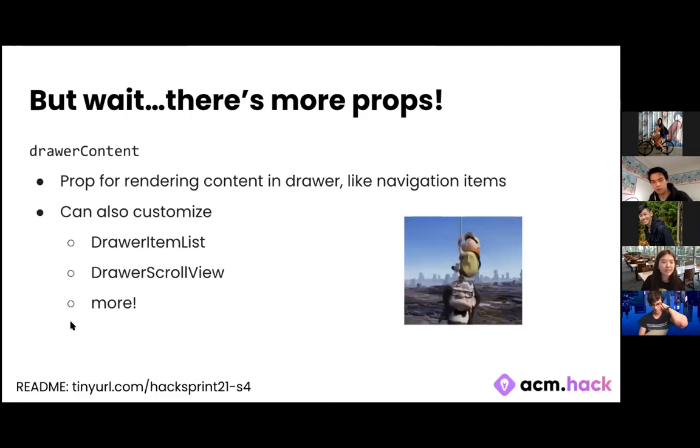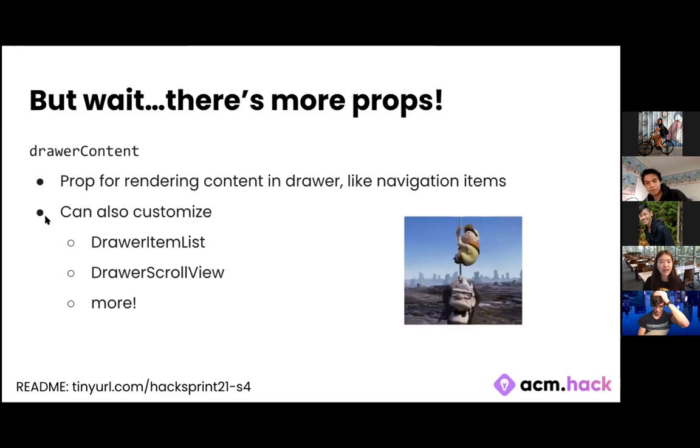Another thing is that we have more props. Another prop that I wanted to talk about is drawerContent. This is a prop for rendering content in your drawer, such as navigation items. In that Reddit example, when I opened my profile, there were certain pieces of information in there. drawerContent is able to look at the type of navigation items you want in the drawer.